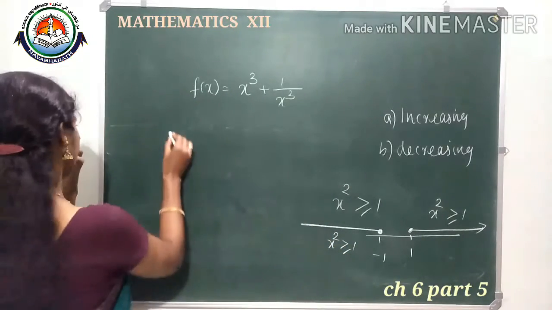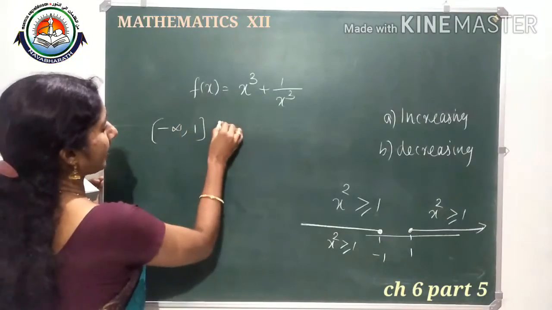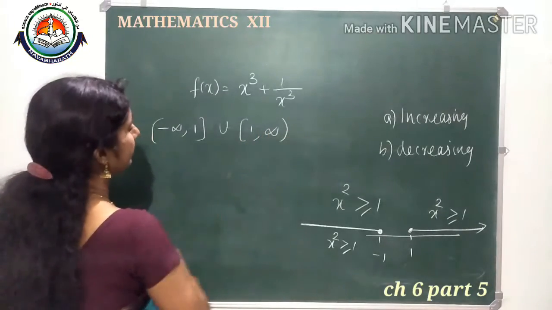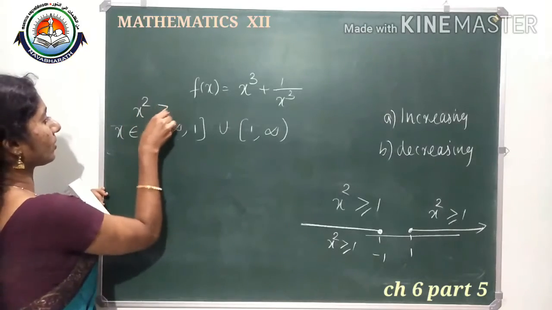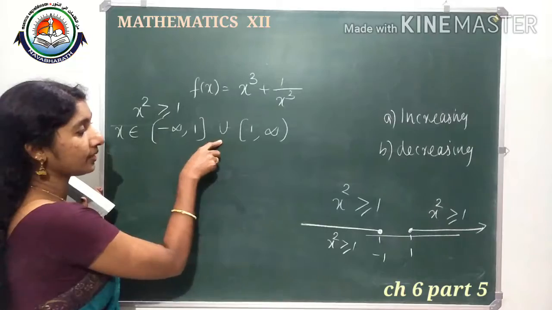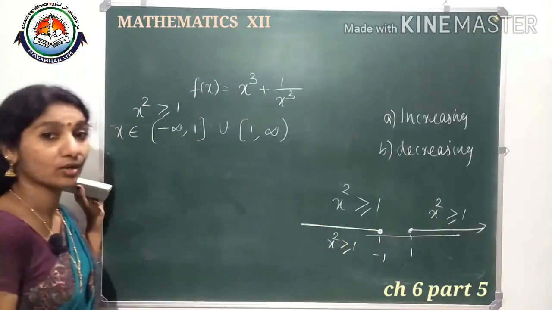So we are getting the intervals minus infinity to minus 1 and 1 to infinity. In these intervals, x belongs to minus infinity to minus 1 union 1 to infinity. In these two intervals x square is greater than or equal to 1.